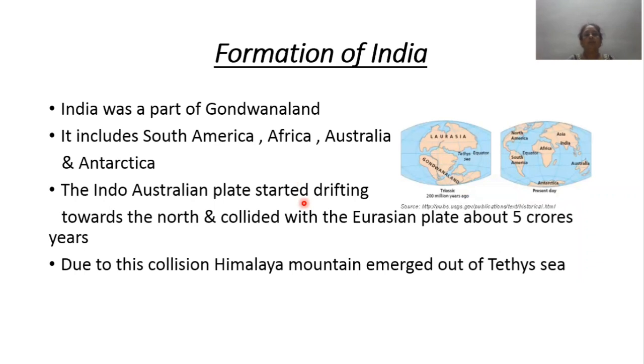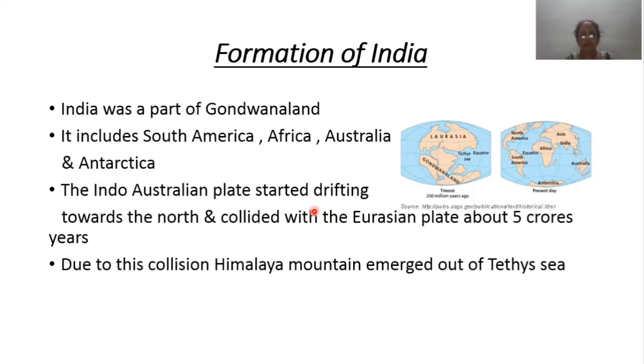Now we are going to study the formation of India and how India was formed. In ancient time, India was a part of Gondwana land. India was a part of a very vast and ancient landmass known as Gondwana land. And this Gondwana land includes South America, Africa, Australia, and Antarctica.